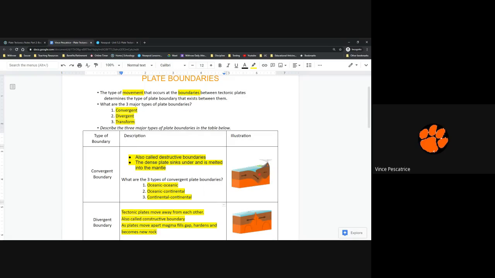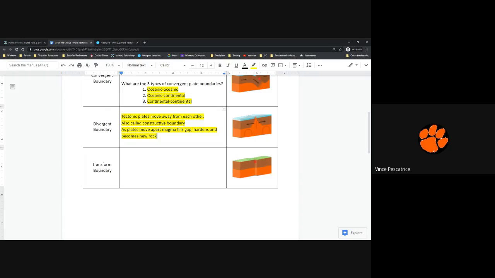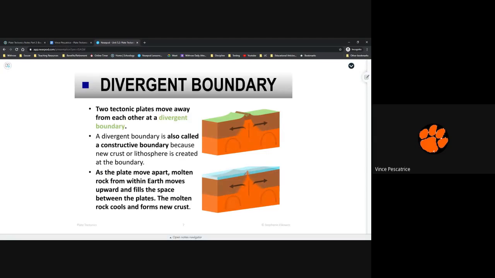So that's how you can abbreviate it so you don't have to spend so much time trying to type out every word.